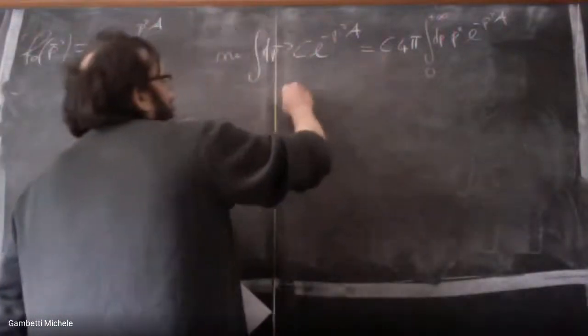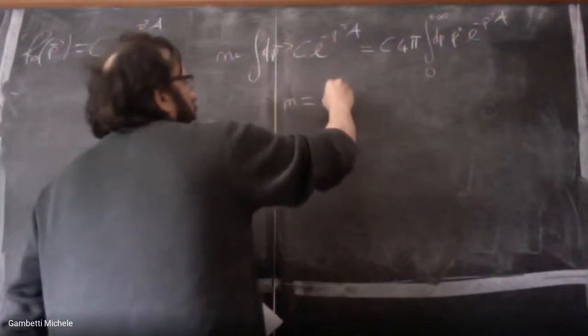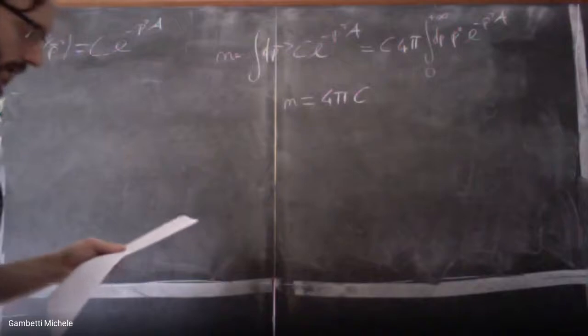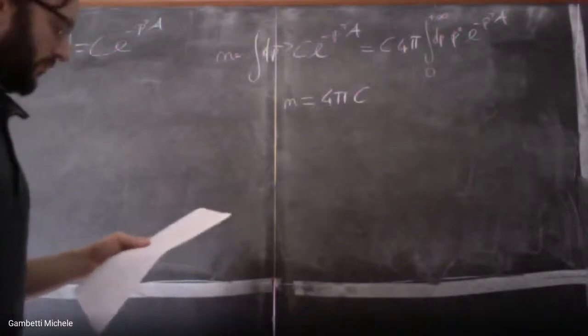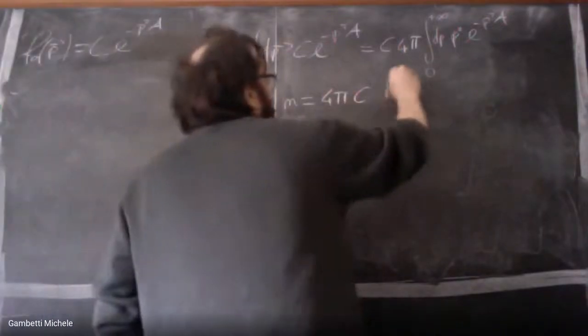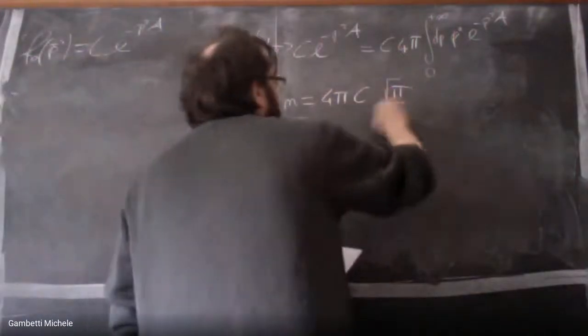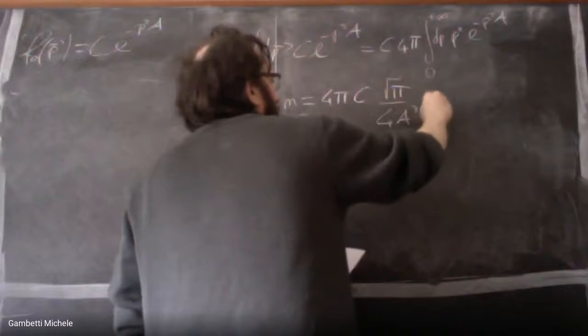So this tells me that n is equal to 4 pi c, and then the result of this integral is square root of pi over 4 a to the power of 3 half.